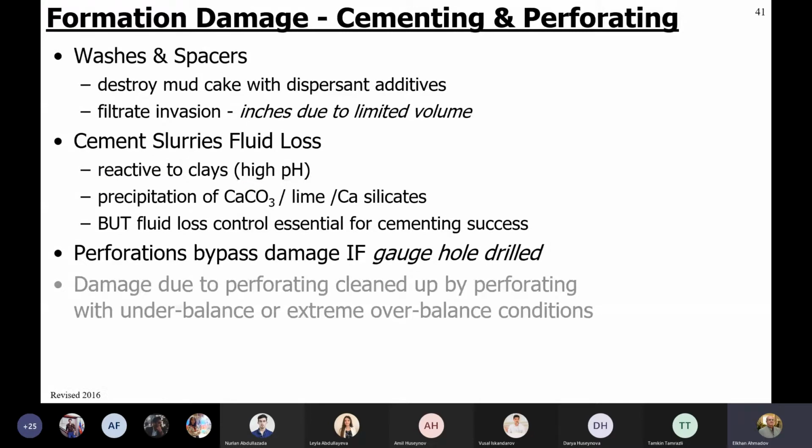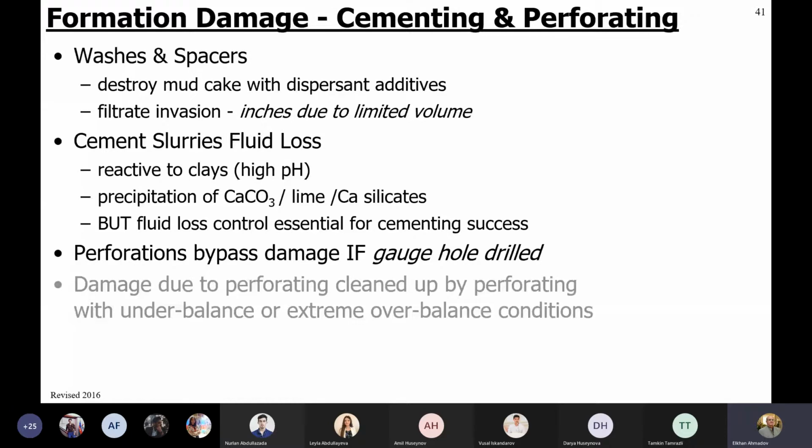There might be precipitation of calcium carbonates and calcium silicates when the cement slurry comes into contact with the reservoir rock minerals and the fluids. It is also essential to control fluid loss during cementing, because if we lose the cementing fluid into the reservoir, our cement job will be unsuccessful, without any cement sheath behind the casing.